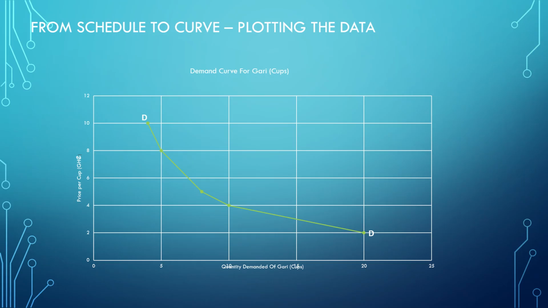We had this exactly from the table, the demand schedule for garri. From the data we saw that at the price of 2, quantity demanded was 20, and at the price of 10, quantity demanded was 4.